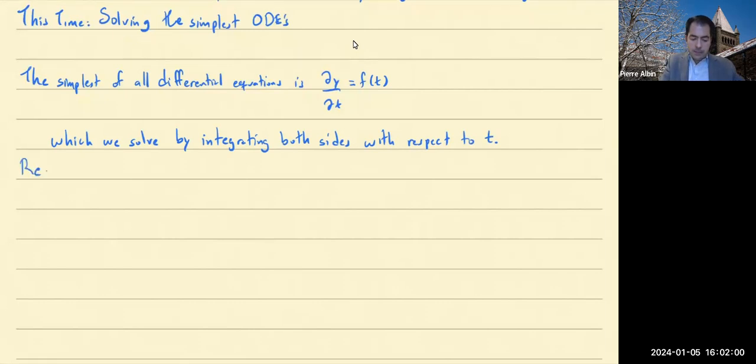So recall here the two notations we use for this.